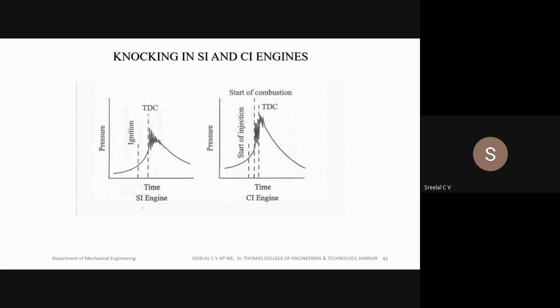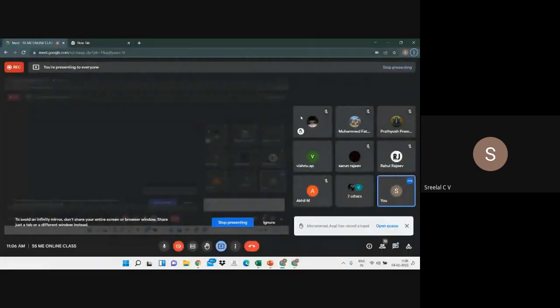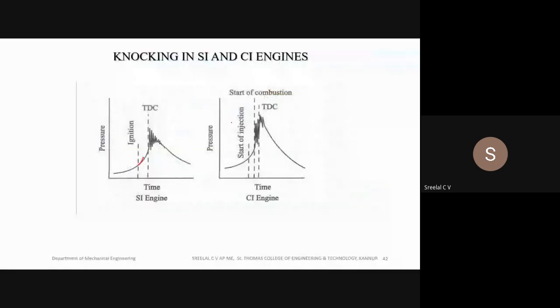Okay, so this is that particular P theta diagram. So here the ignition takes place. Okay. Then after reaching, അല്ല ഇവിടുന്ന് പ്രഷർ നോർമൽ എങ്ങനെയായിരുന്നു, ഇറ്റ് മസ്റ്റ് ബി ലൈക്ക് ദിസ് റൈറ്റ്, it must be like this.